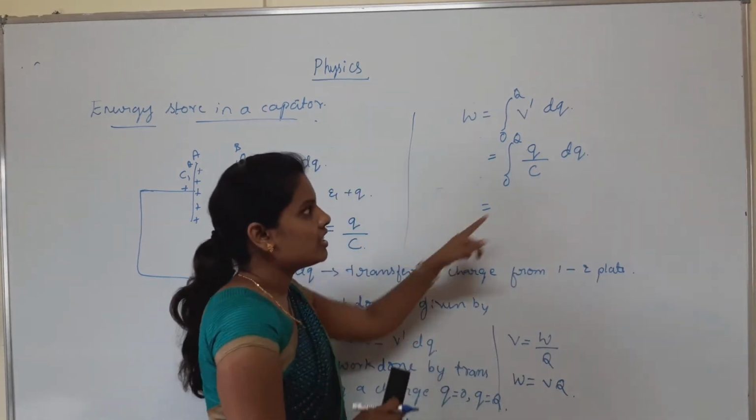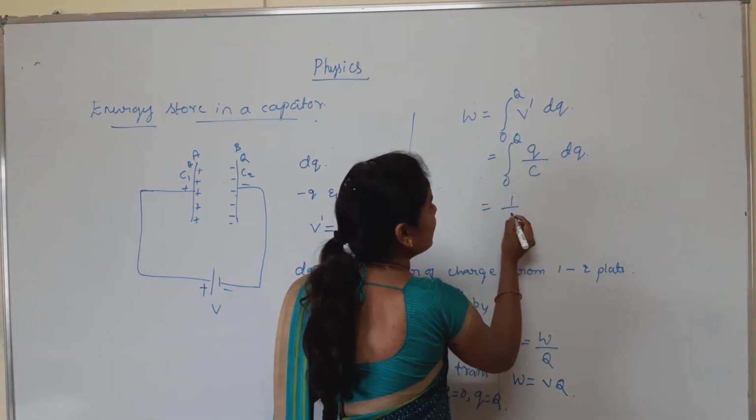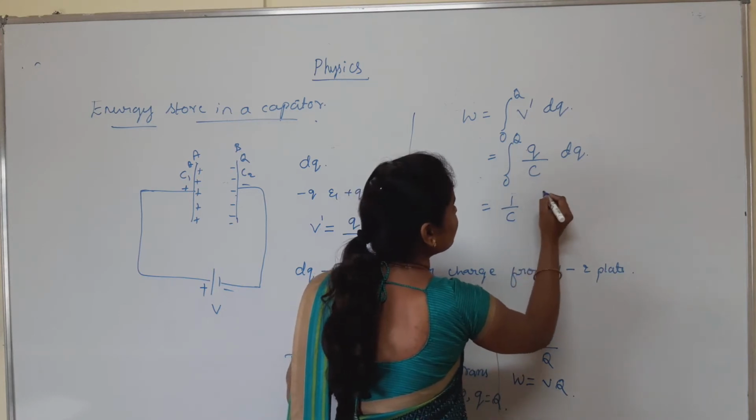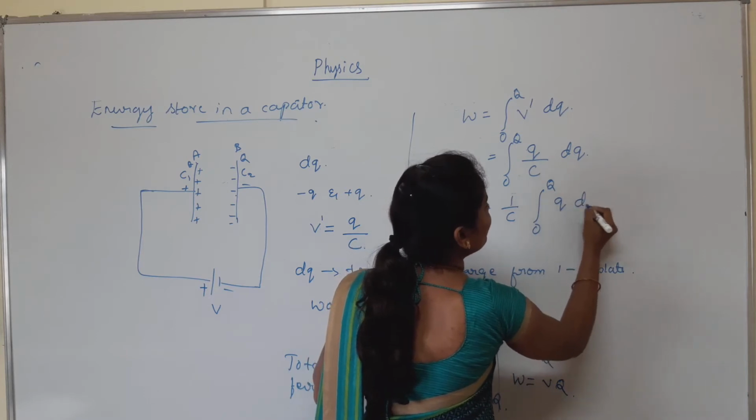Integrating this, 1 divided by C is a constant, so take it outside, and we have the integral from 0 to Q of Q dQ.